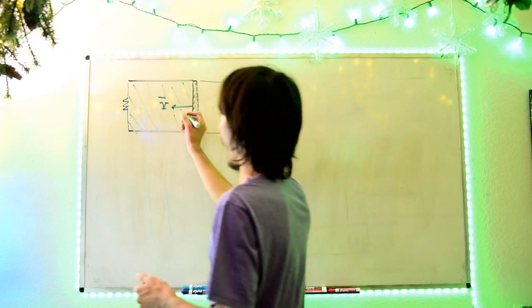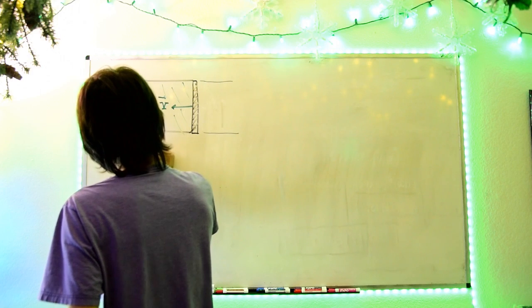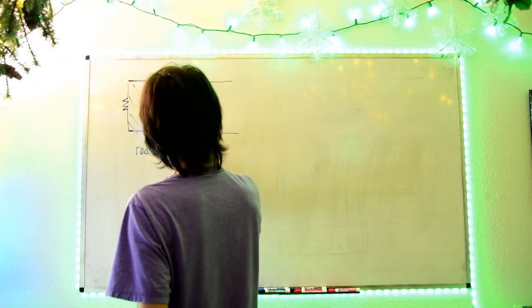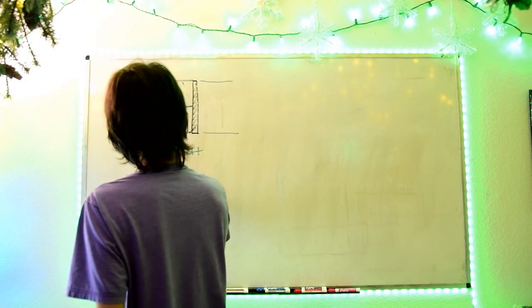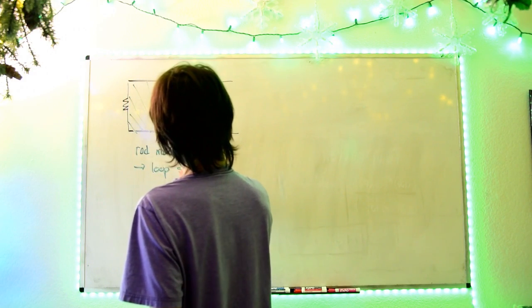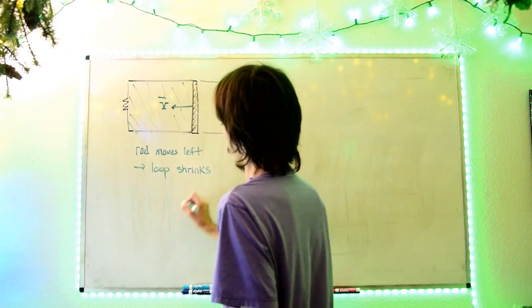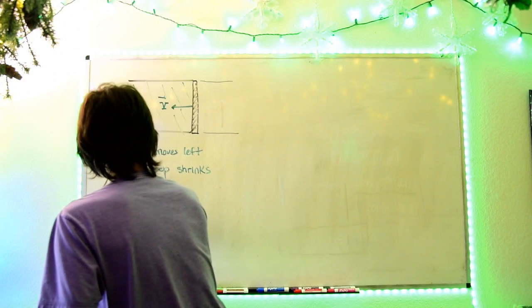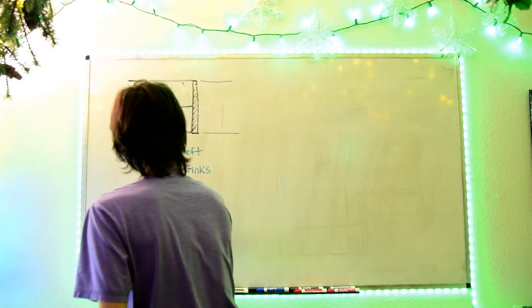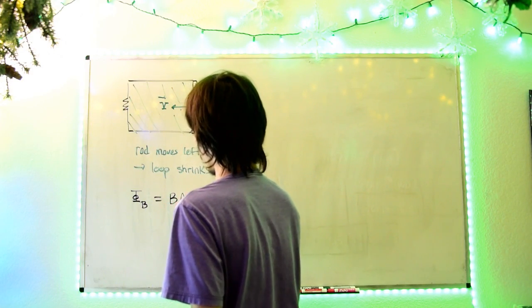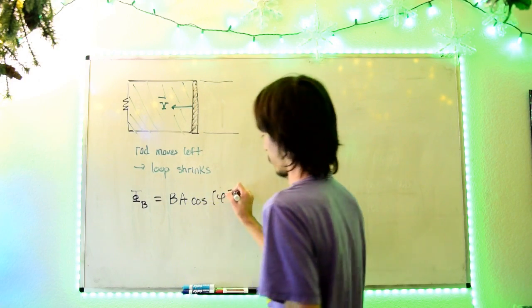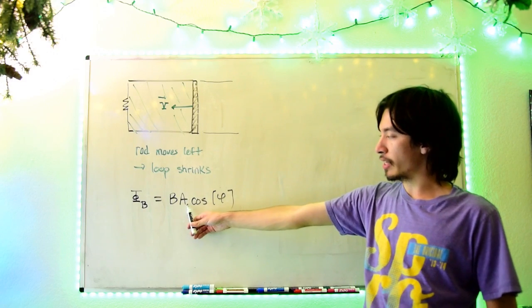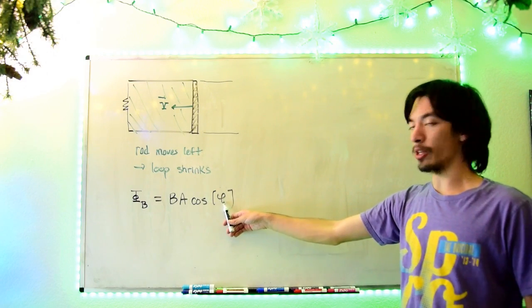So we know that as the rod moves left, the loop shrinks, so the area is going down. Because it relies on a change in flux, the flux is based on these factors: your magnetic field strength, the area of the loop, and the orientation of the loop.